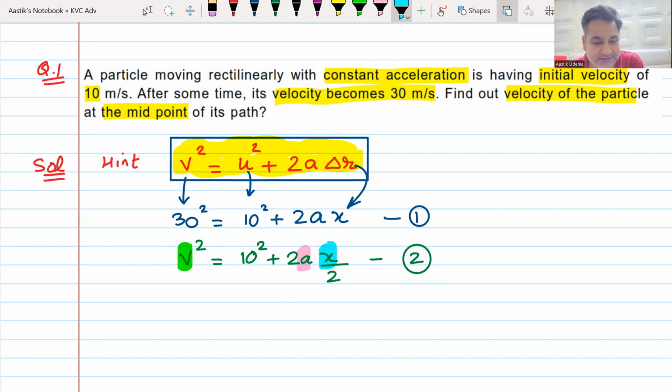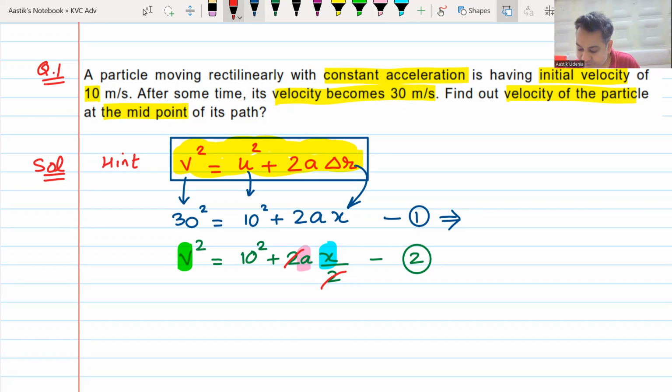Do we understand this? And you can solve this. For example, if I look at equation number 2, I can cut this 2. From equation number 1, I can write like this.